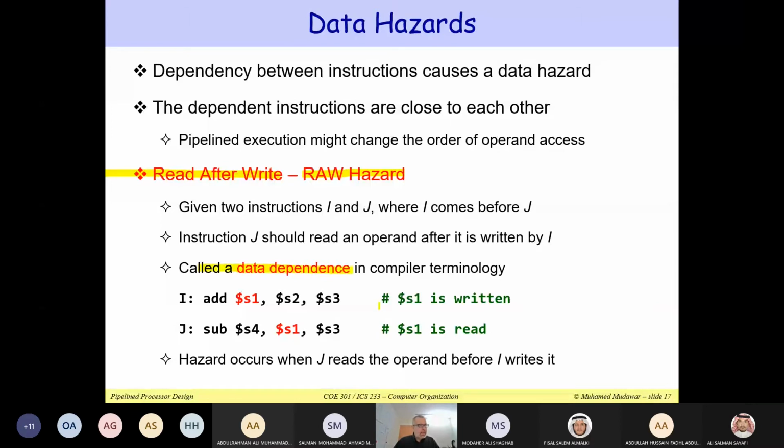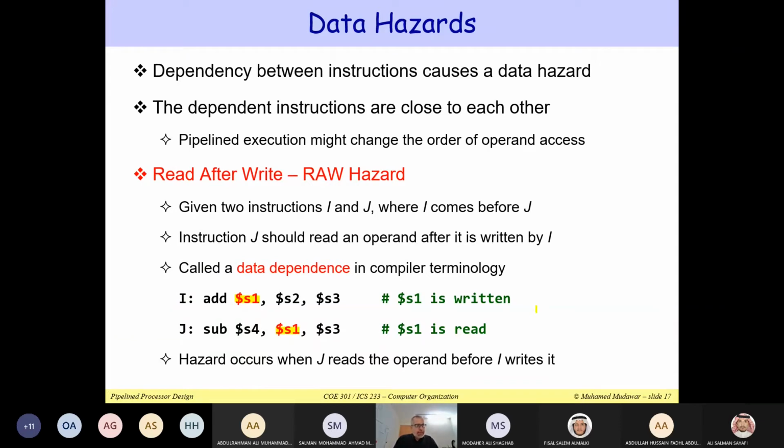Compiler writers recognize this as a data dependence. So we have 2 instructions, instruction I and instruction J. Notice that instruction I is writing to S1, whereas instruction J is reading S1.